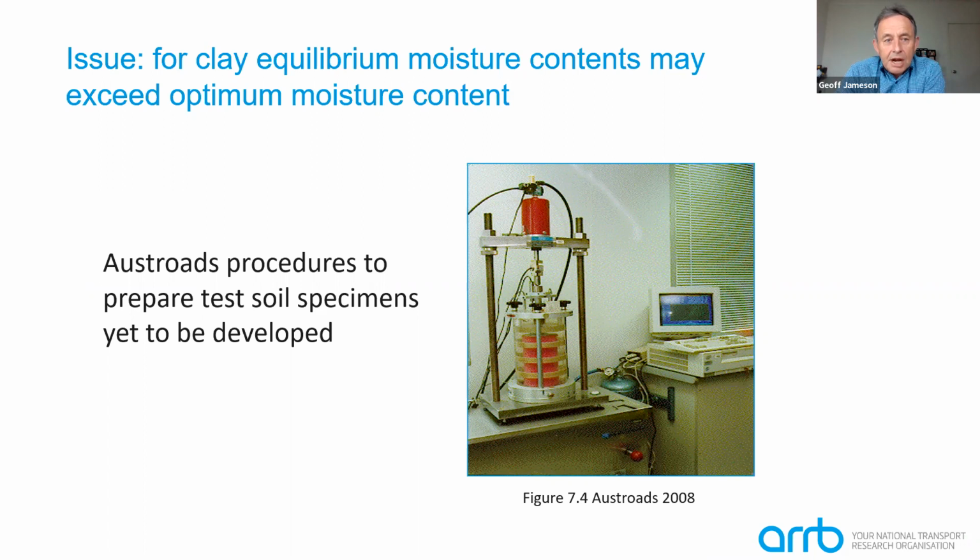And so there are some challenges there about how you compact specimens for repeat load testing from material that is above OMC. So we have yet to standardise procedures for doing repeat load testing and getting the modulus values in that way, but it has been used in research.